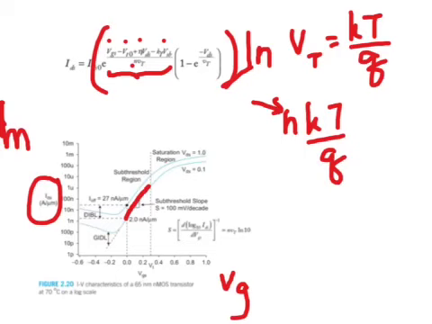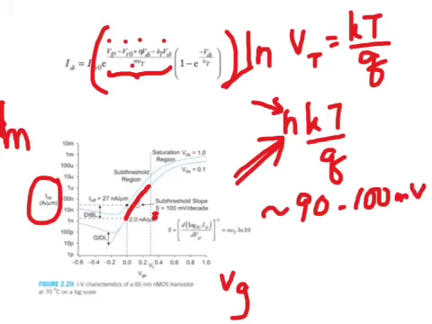And in general, MOSFETs have a subthreshold slope called S. That S arises from this n kT over q, and is between 90 to 100 millivolts per decade. And this means that in order to reduce the subthreshold leakage current by a factor of 10, about 90 to 100 millivolts needs to be reduced at the gate. So a reduction of 90 or 100 millivolts at the gate would result in a tenfold reduction in subthreshold leakage current.